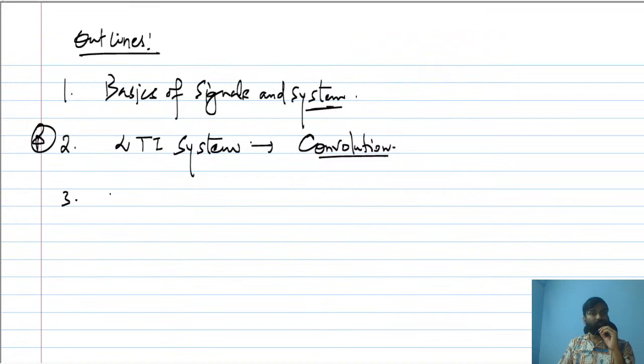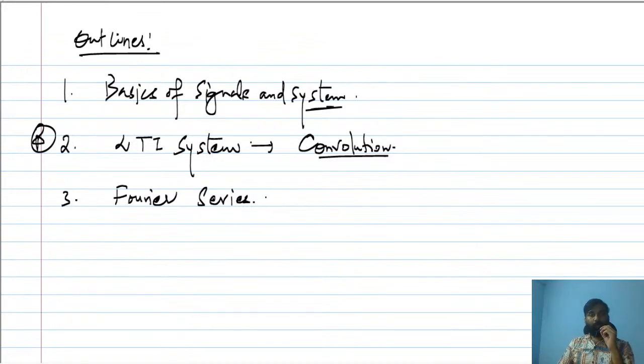The third chapter will be Fourier series. Fourier series is very important. In fact, when we talk about partial differential equations, there also we use some concept of Fourier series. Fourier series is also taught in mathematics, but here we will discuss it in detail.